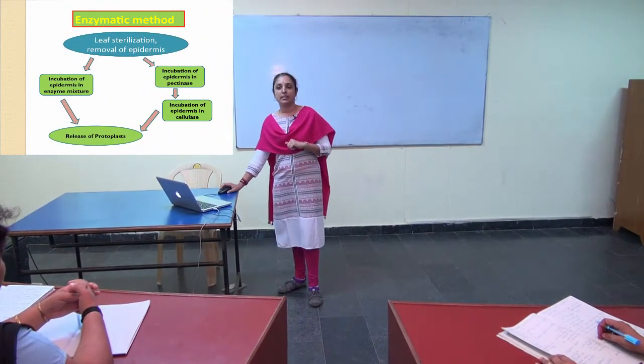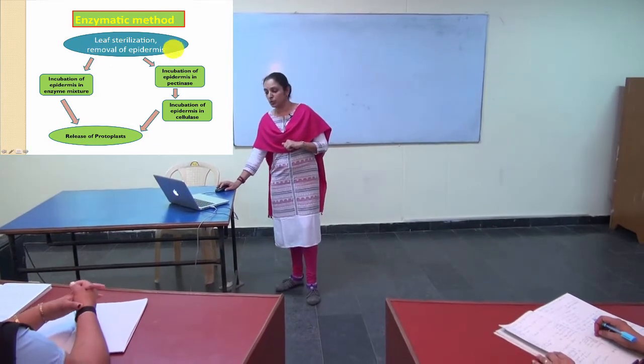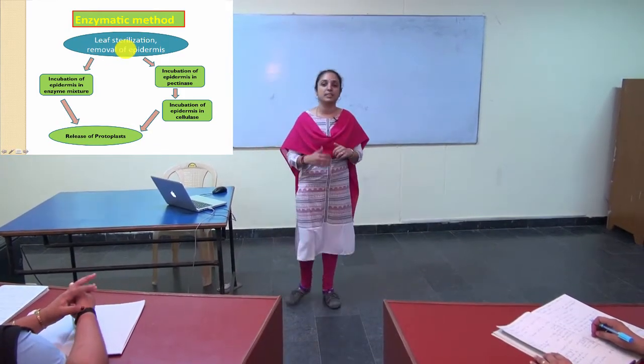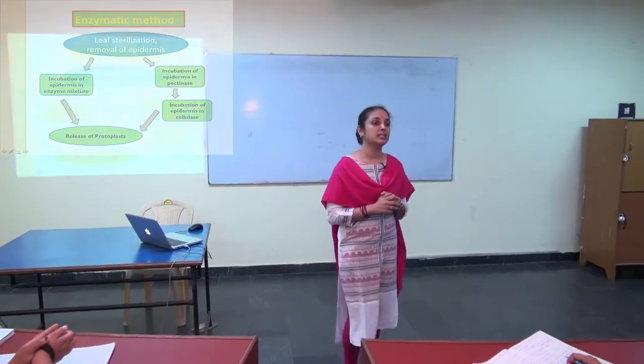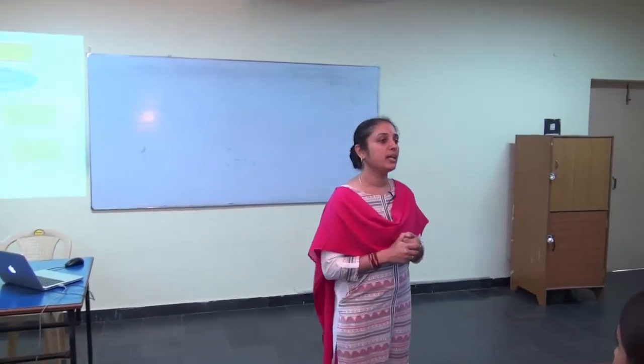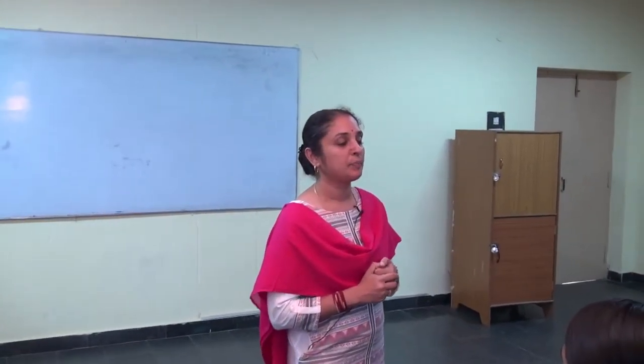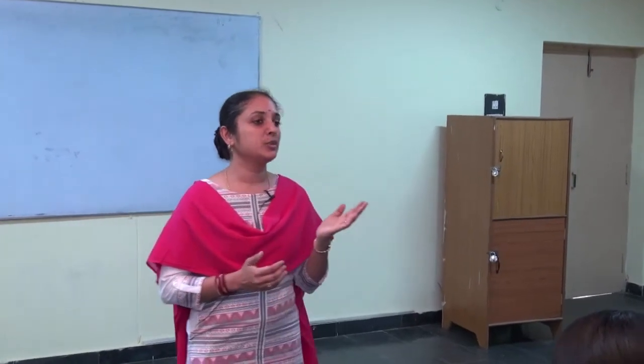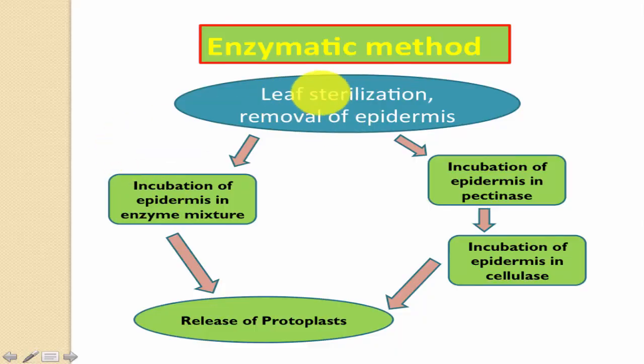We are going to use surface sterilization chemicals like mercuric chloride and sodium hypochlorite. Mercuric chloride is used to remove bacteria, and sodium hypochlorite is used to remove fungus. So that is the main purpose of surface sterilization, which is done in the initial stages.